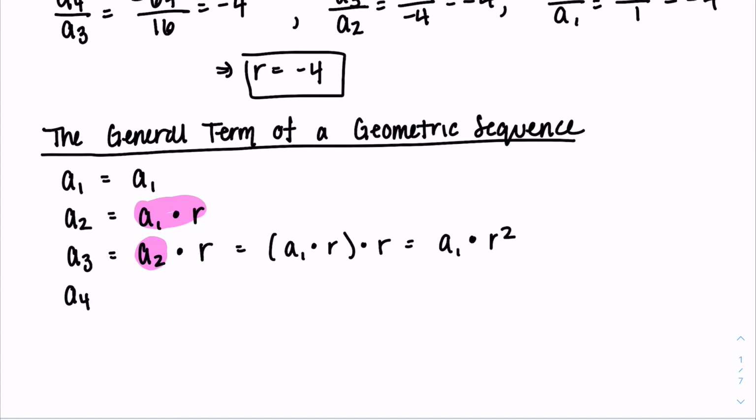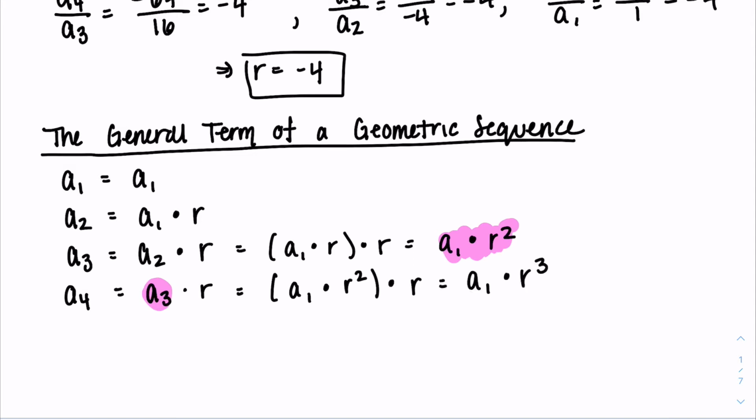If I go to my fourth term, it's my third term times r, and my third term is a1r squared. So that's equal to a1r squared times another r, so you get r cubed. You can notice a pattern. You start at a1, and the power of r is 1 less than the index itself.